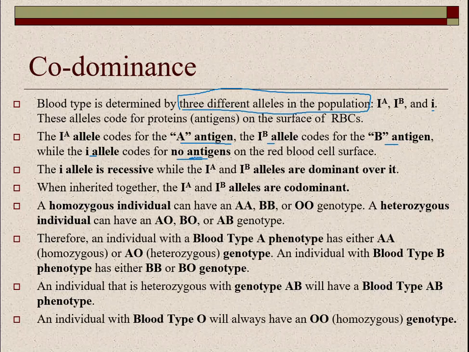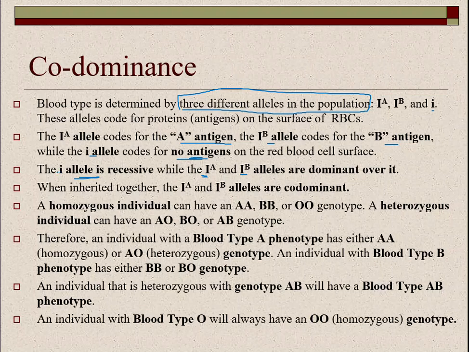However, the I allele is recessive to both the A and the B allele. But the A and B allele are dominant over the I allele. Okay, and I will explain why in a second.